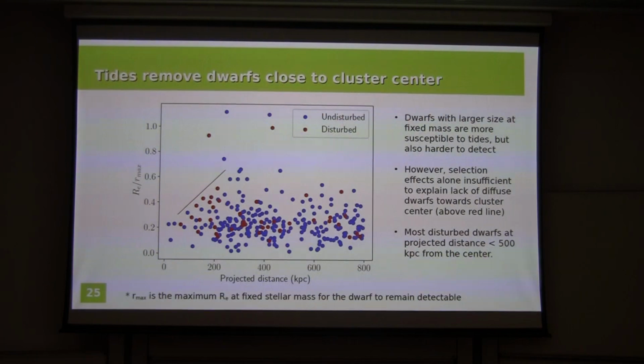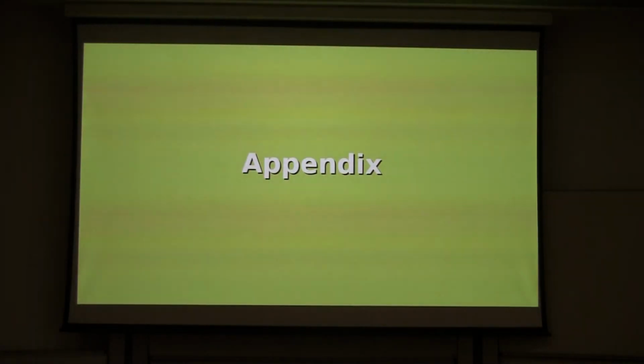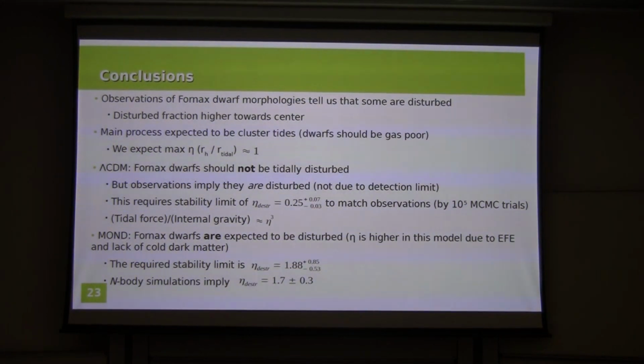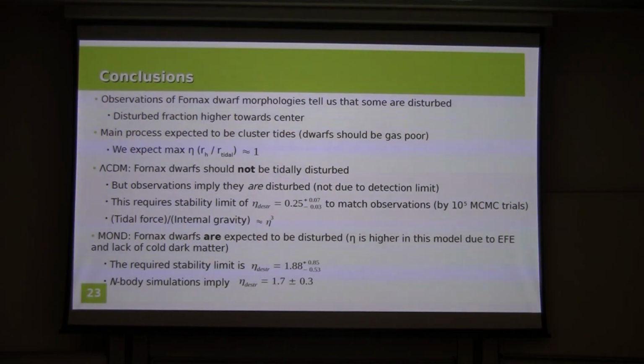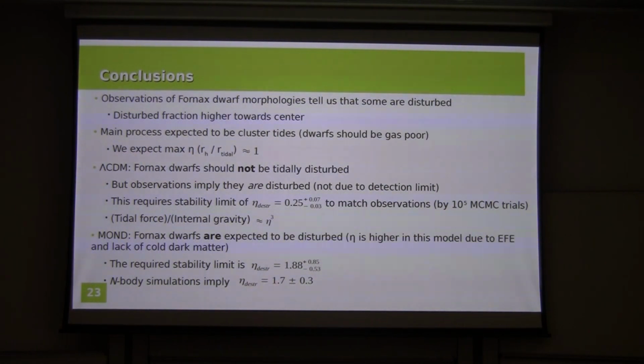Right, yes, Sanjay? Can I say the opposite inside a galaxy? A star cluster would, in MOND, be less susceptible than in a CDM. MOND protects the star clusters a little bit, depending on how dense the star cluster is.